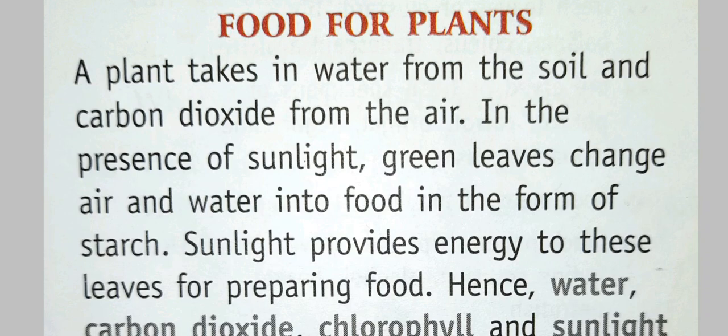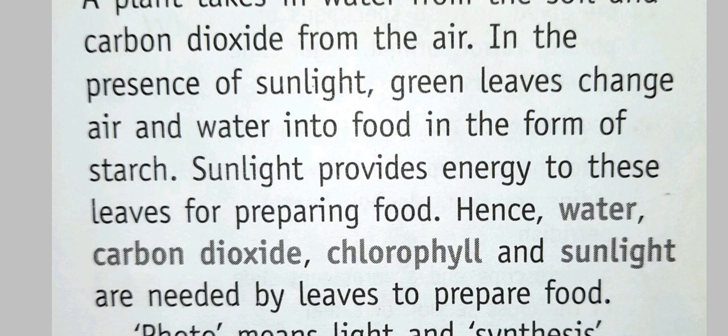Sunlight provides energy to these leaves for preparing the food. Water they take from the soil, and carbon dioxide from the air. And in the presence of sunlight, the food is prepared in the form of starch.